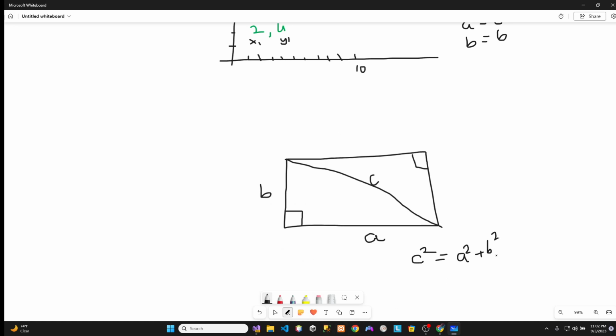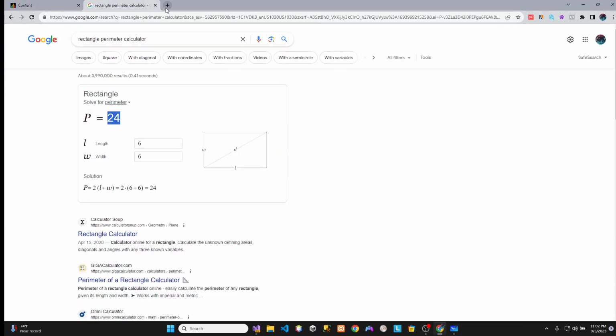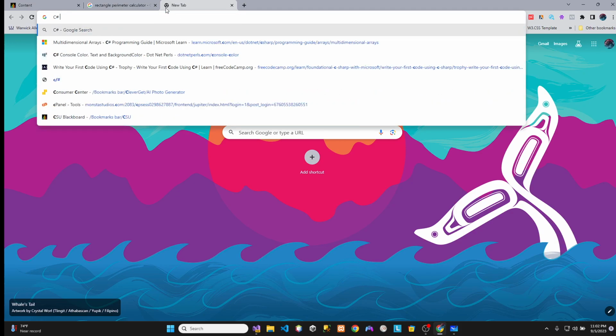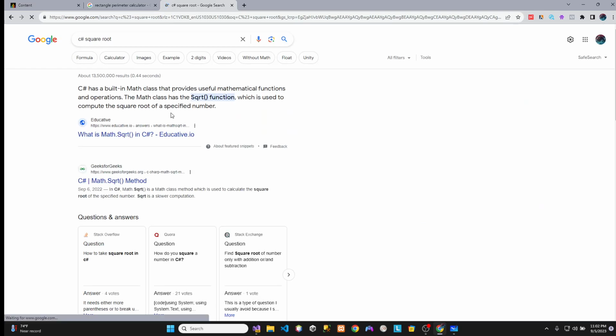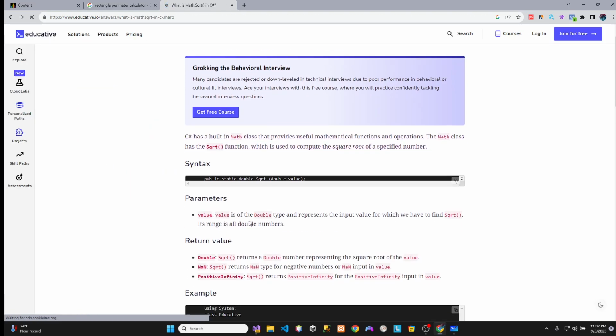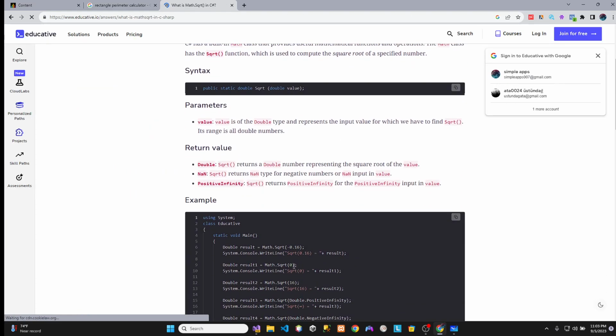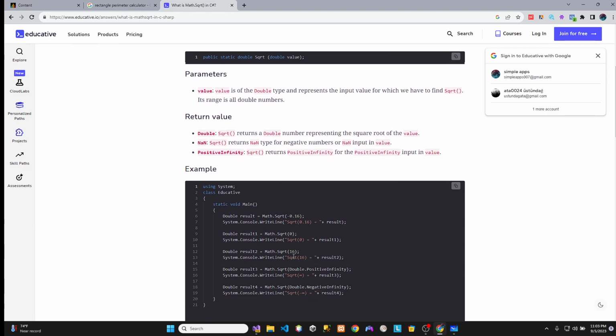Since we know what B and A is, we can calculate C. To do this, we can go here and say C sharp square root. We need to know what the function is for square root in C sharp and how to use it. It says square root like this.